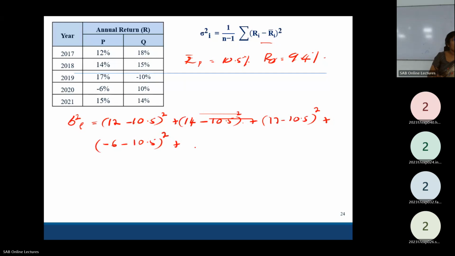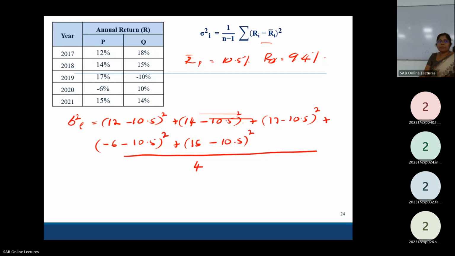How about 2021, 15%, its deviation from 10.5, square of that. So get the total, then you have to divide by n minus 1. Observations are 5 years, so n minus 1 means 4. So that is the variance of stock P.